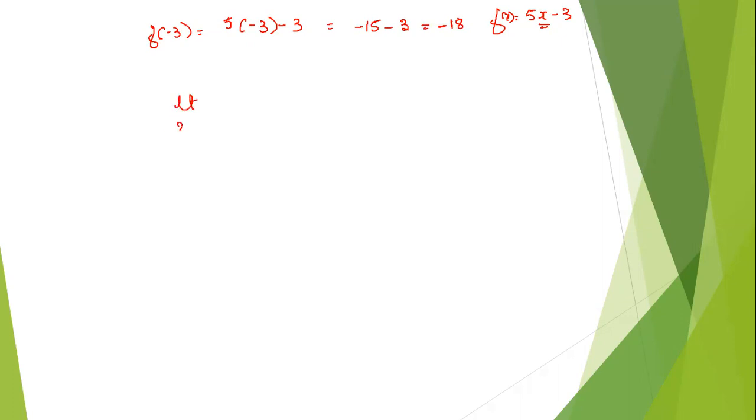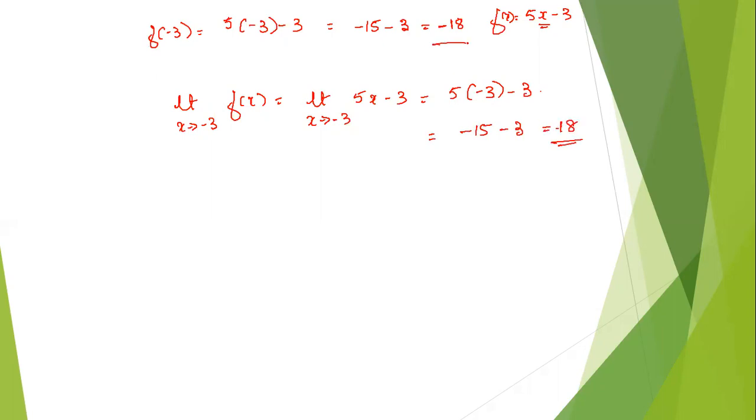So what will be the limiting value at x is extending to minus 3? So this will be limit x extending to minus 3, 5x minus 3. So this is 5 into minus 3 minus 3. So what you get? Minus 15 minus 3. This is also equal to minus 18, correct?